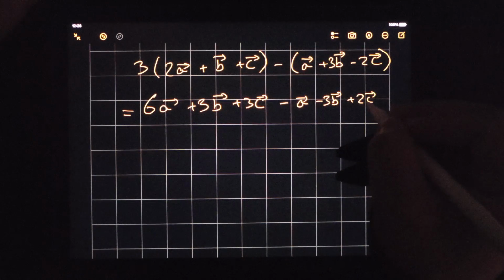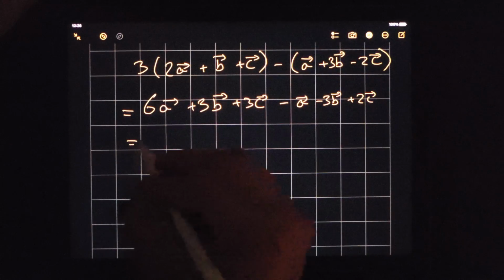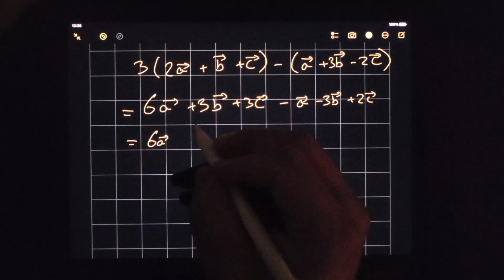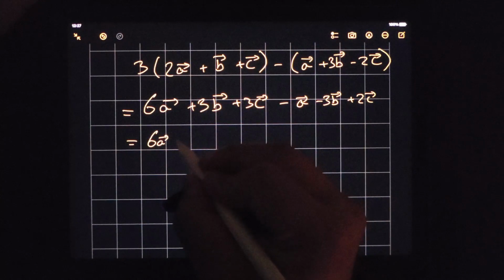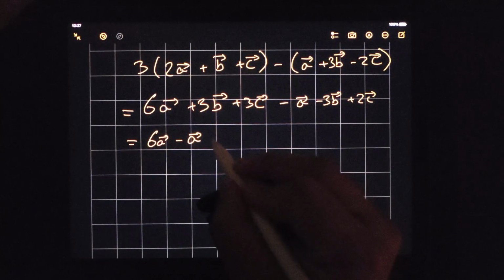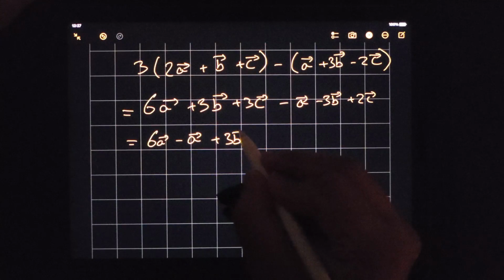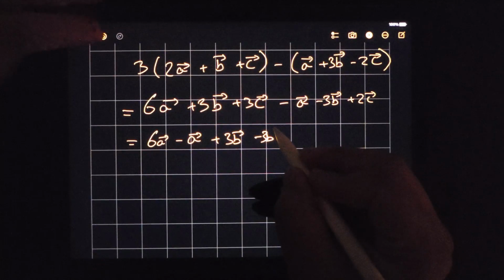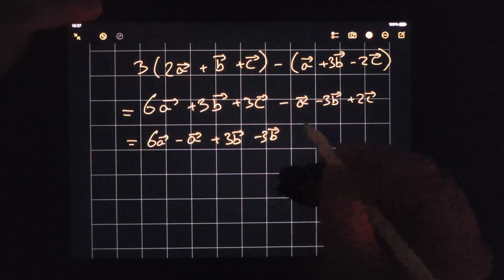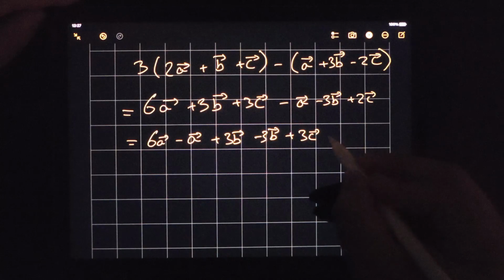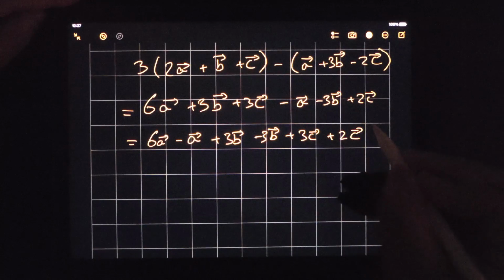Now we can start moving them around using the commutative property. It's hard to say. Plus 3b, and then we have minus 3b plus 3c plus 2c.